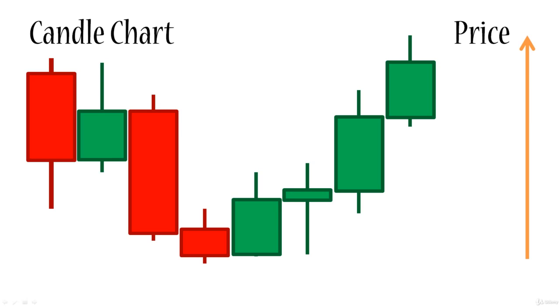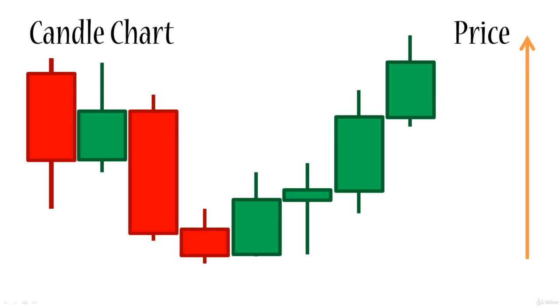And finally, this brings us to the last type of Forex chart, which is a line chart. A line chart basically simplifies this whole process by representing only one single price. It only represents the close price. So instead of looking at open, high, low, and close, the line chart will only look at the close price.